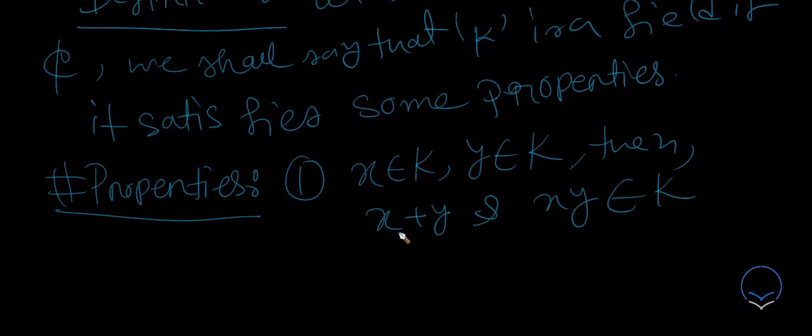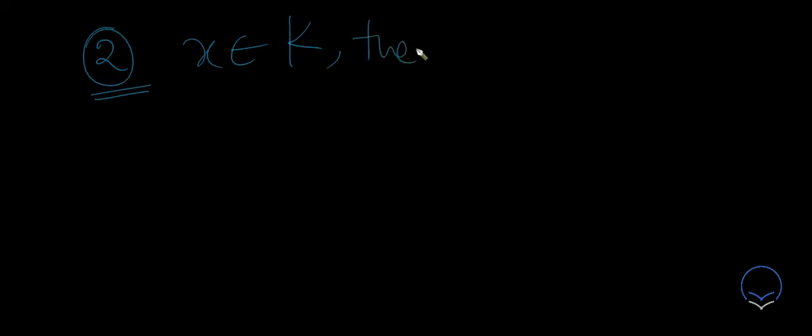These elements of the subset of the complex numbers will have to satisfy this. The second property will be that, let's take again X belongs to K, then minus X also belongs to K. So this is another property.